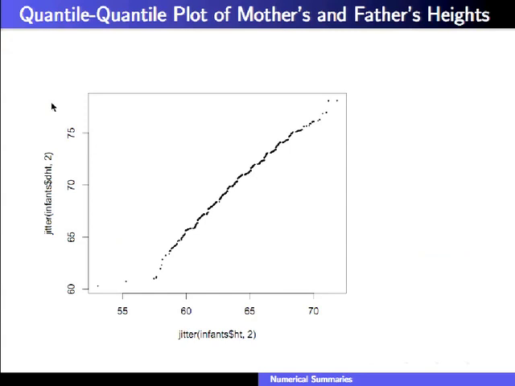So this is roughly on a straight line. We've got some really tiny values over there, which show that there are a few women who have unusually small heights. That gives you not really a tail, but more, I'd say, outliers.